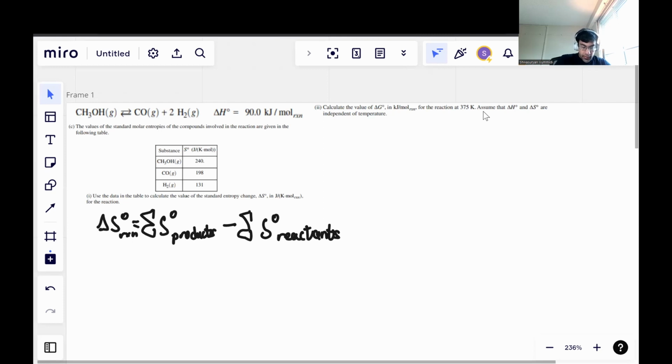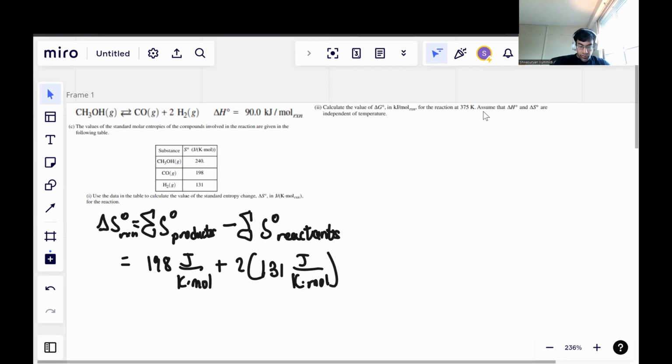So what does that mean? We have to sum up everything on the product side. So here, it would just basically be carbon monoxide, which is 198 joules per Kelvin mole, plus 2 times hydrogens, which is 131 joules per Kelvin mole.